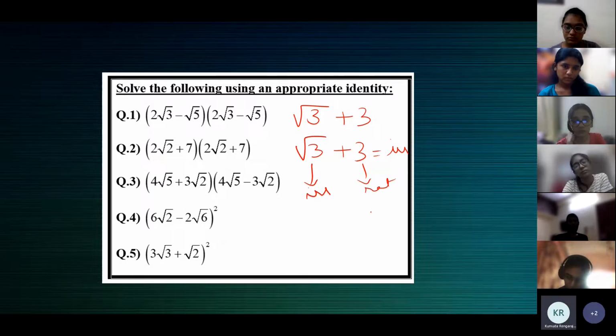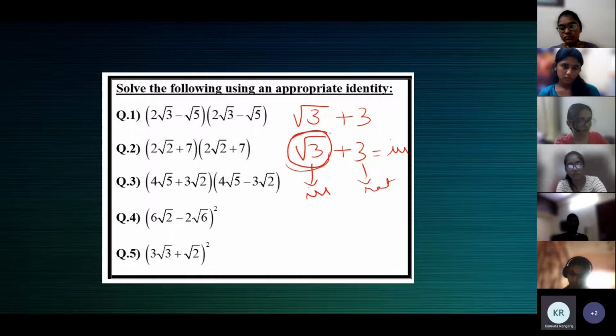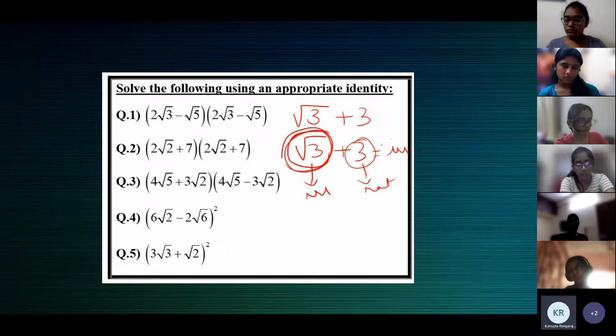You can just take examples to understand these. So you understood this example? Root 3 is irrational, 3 is rational. Root 3 has a non-terminating, non-repeating decimal expansion. To that, if you add 3, the result also will be a non-terminating, non-repeating decimal.